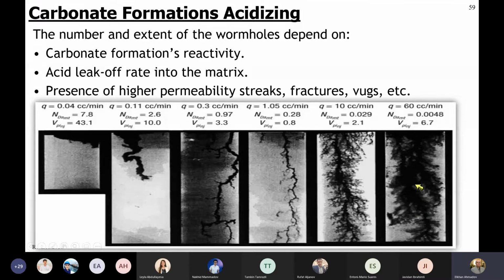It all depends, of course, on carbonate formation reactivity, so the mineral composition of the carbonates, the rate of acid injection, and the presence of high-permeability streaks, fractures, and vugs. Firstly, the acid will go through the high-permeability streaks, fractures, and vugs, and will create further wormholes and channels through these high-permeability zones.